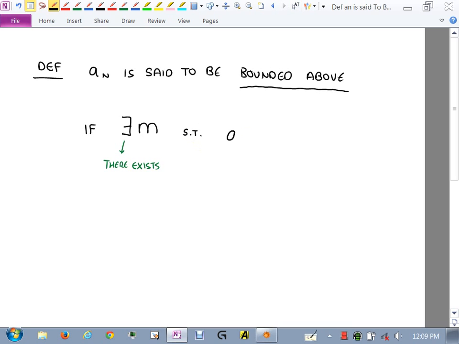Such that a sub n is less than capital M for all n. So think of it as M is like a ceiling. It's like the roof. And your sequence stays below that all the time. So it would be bounded above.